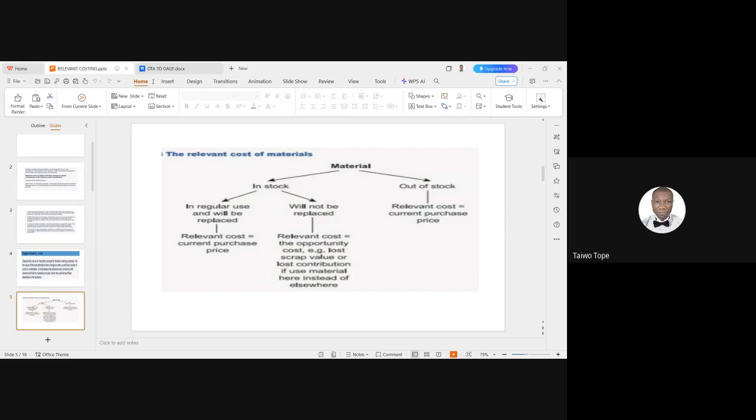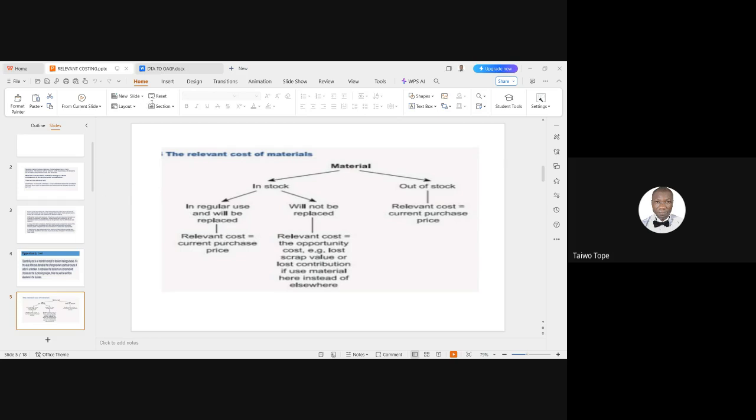So when you are faced with a question on material, you ask yourself, is the material in stock? If yes, you ask yourself another question. Is the material in constant use? That is another question we must ask ourselves.